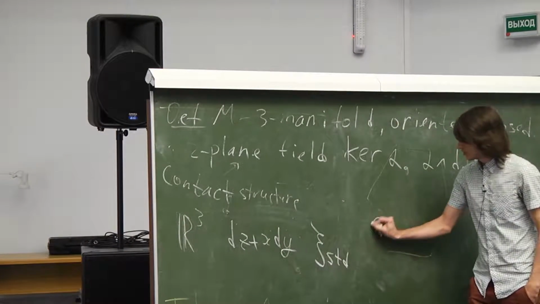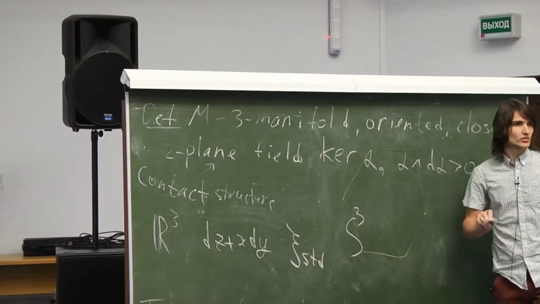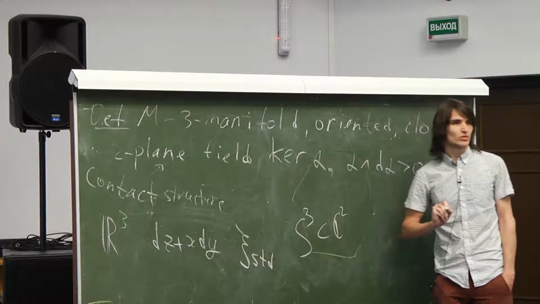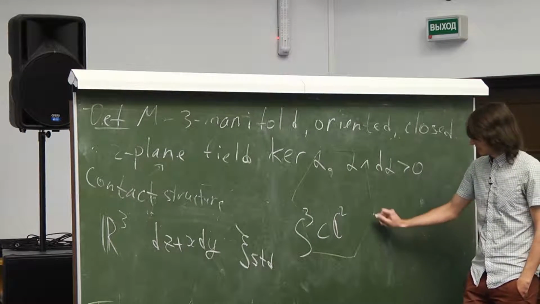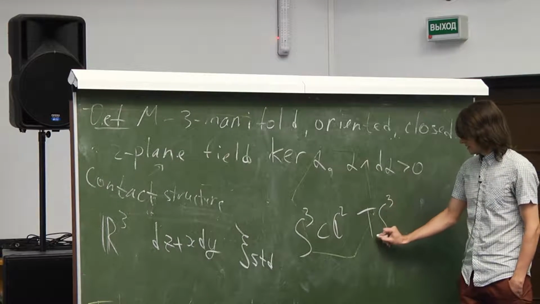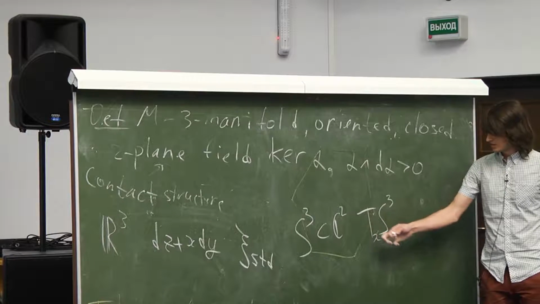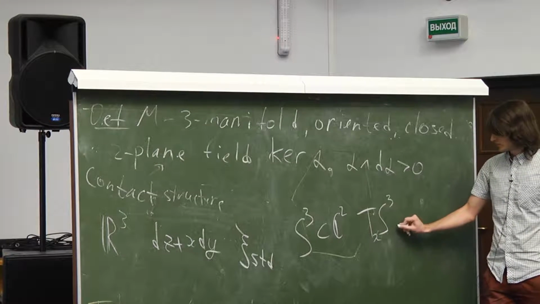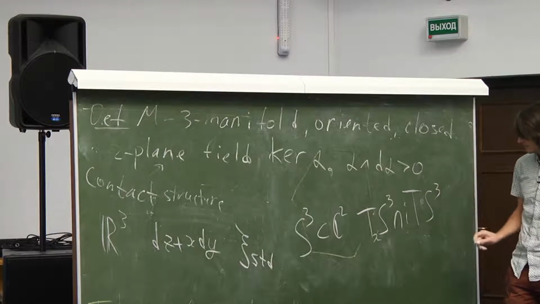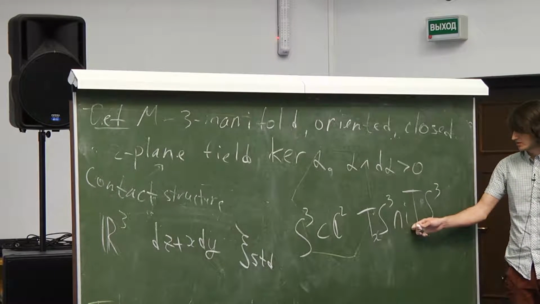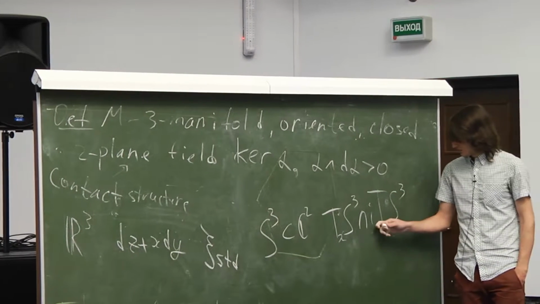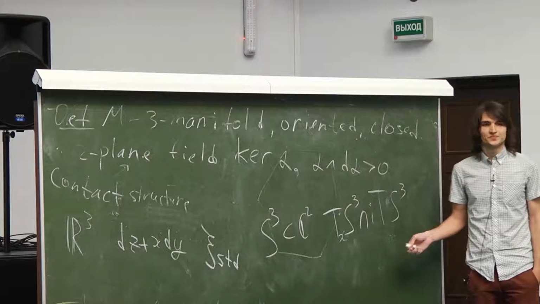Or equivalently, you may take S3 in two-dimensional complex space and, in every point, take the tangent plane to the sphere and intersect it with the image of this plane under the multiplication by i, the operator of complex structure.